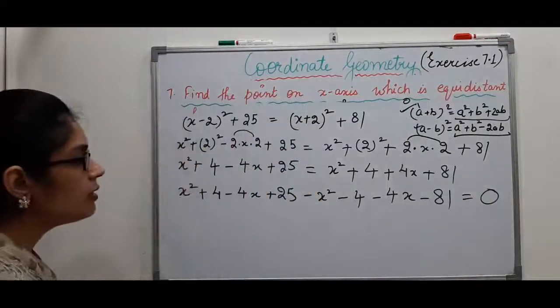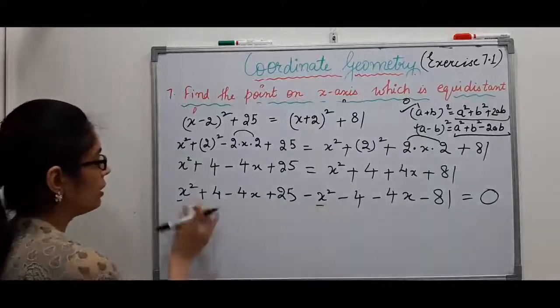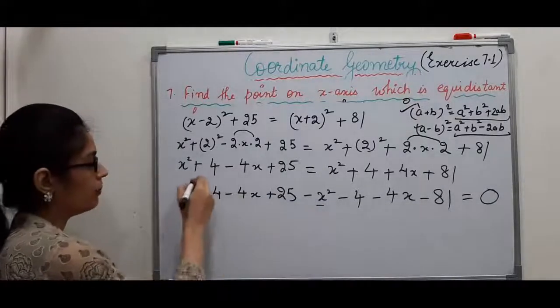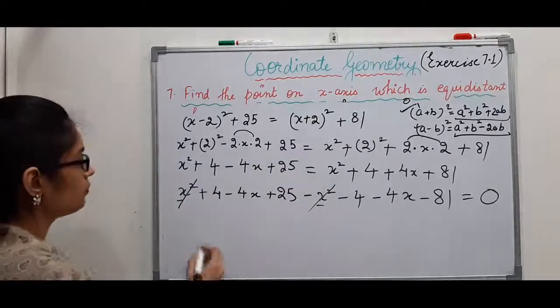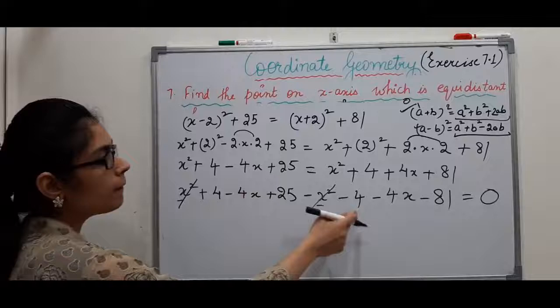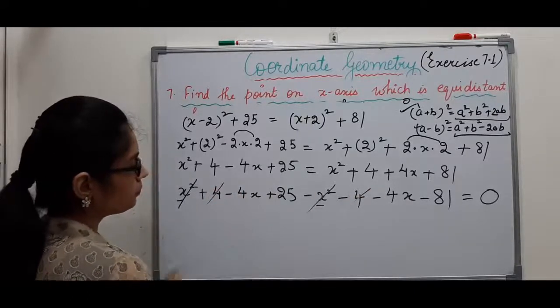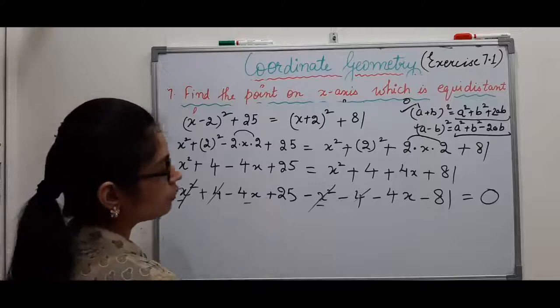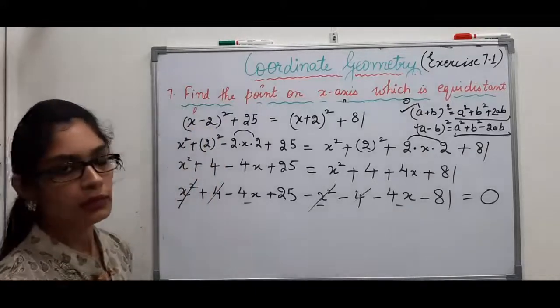Now you can see we can add all the like terms, x square with x square. So x square minus x square will get cancelled because it will be 0. 4 minus 4 again will be 0. Now minus 4x minus 4x.